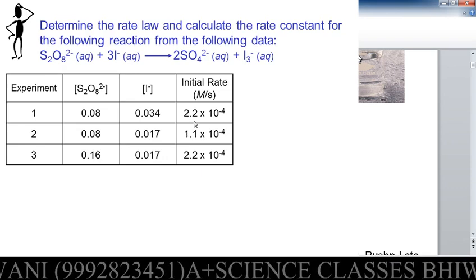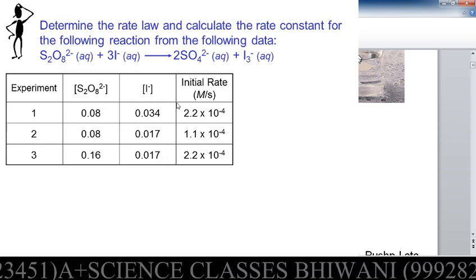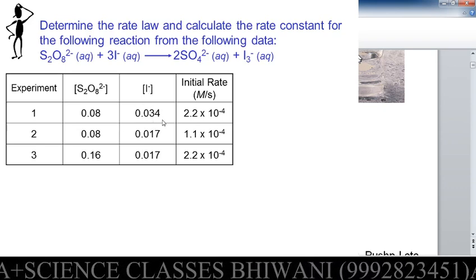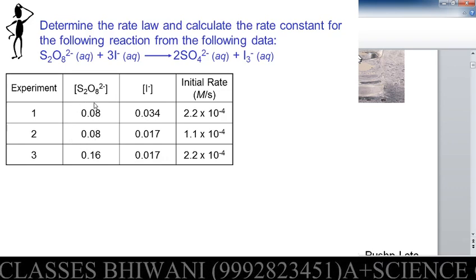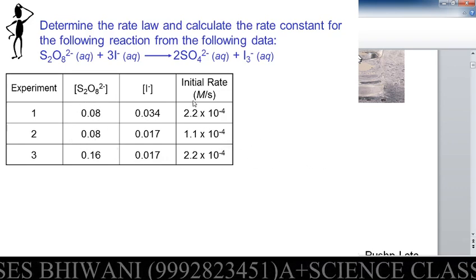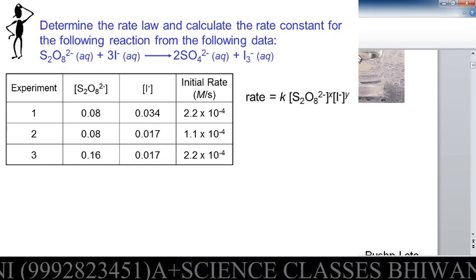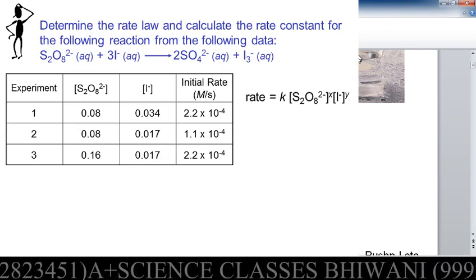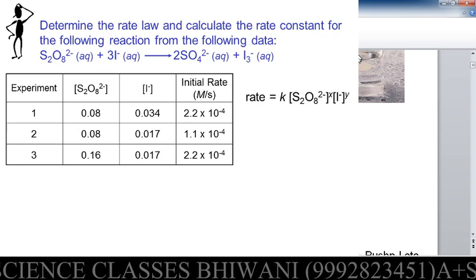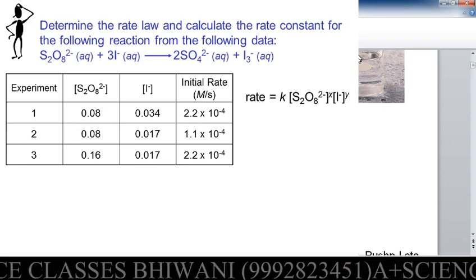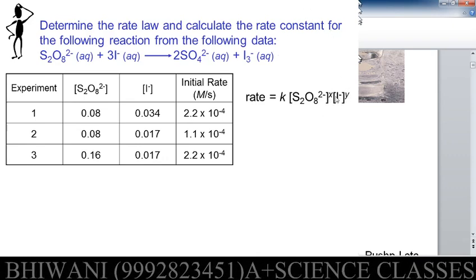Rate also double. Is it clear? So you may say that the rate is also directly proportional to the concentration of iodide whenever we keep the concentration of H2O8 constant. By observing this, we are now able to write down the rate expression. Our rate is equal to the rate constant times the molar concentrations of H2O8 and iodide raised to the powers x and y, to find the order of the reaction.